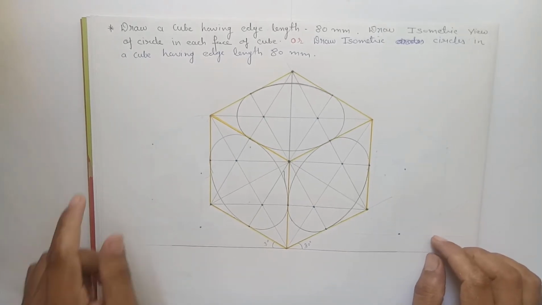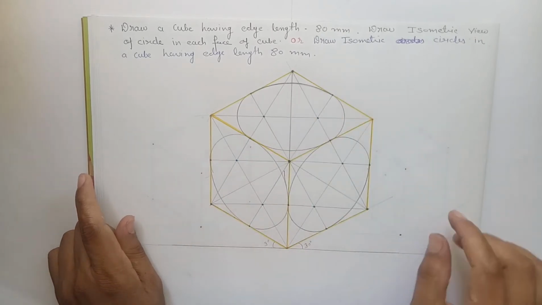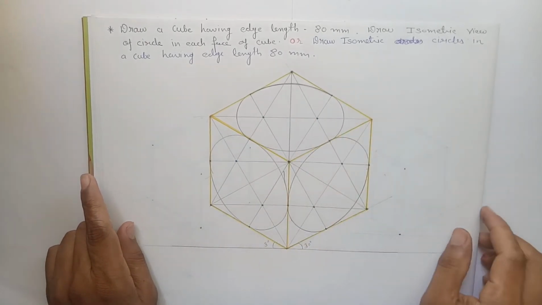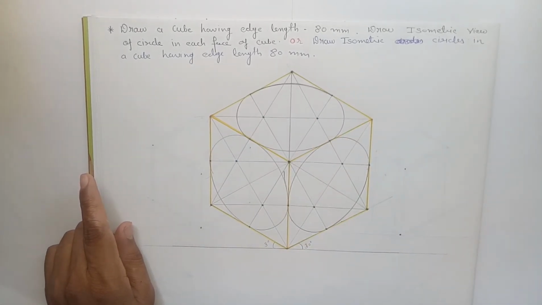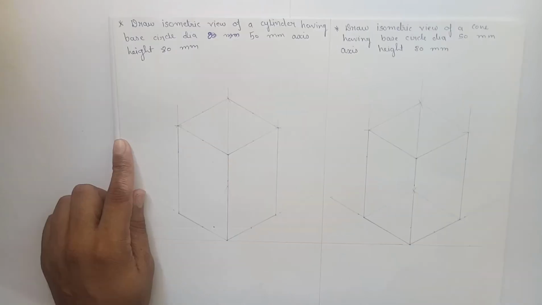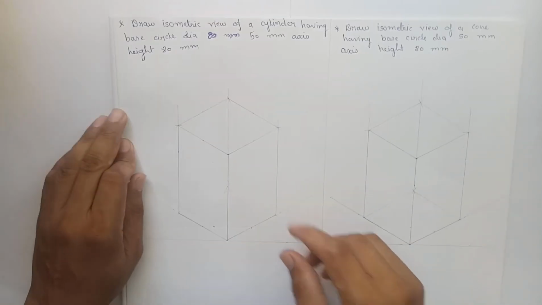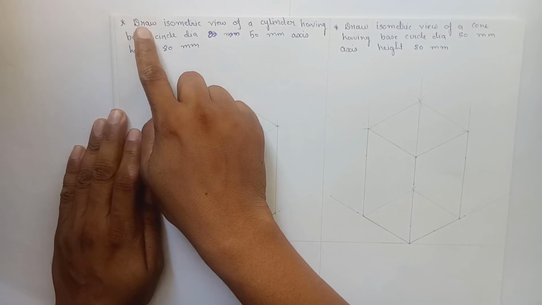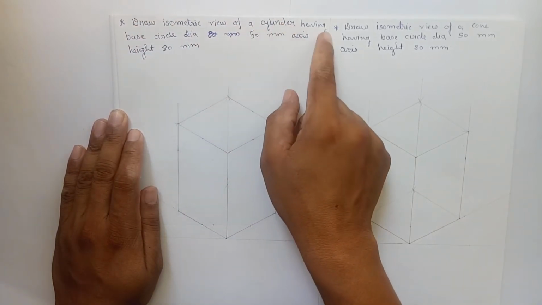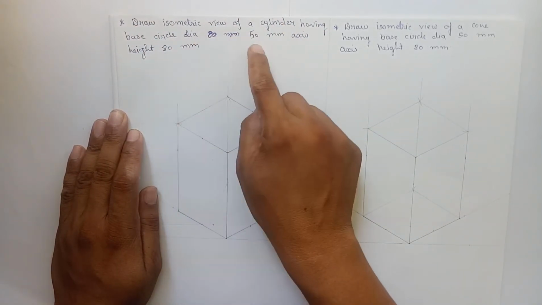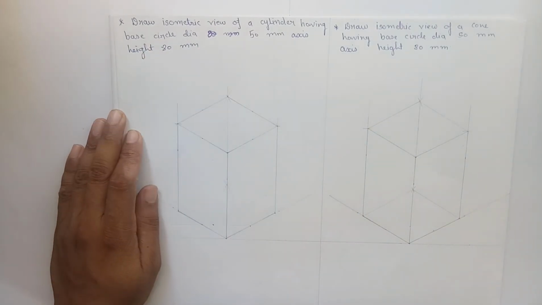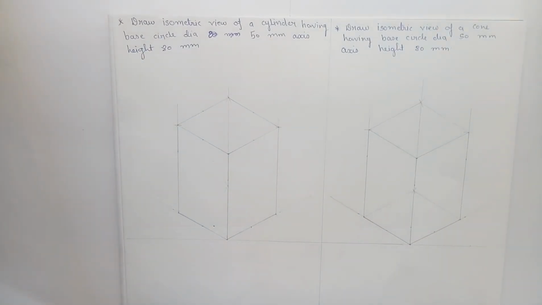So now by using the application to draw the circles or isometric circles, let us draw a cylinder. So here is the question. Draw isometric view of a cylinder having base circle diameter 50 mm and axis height 80 mm.